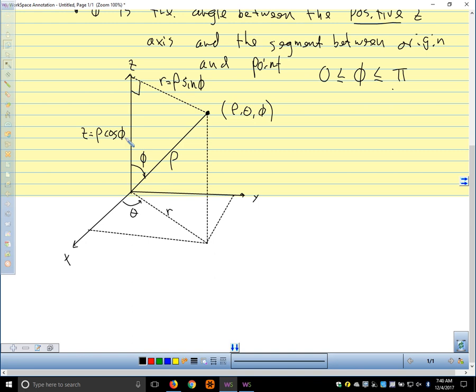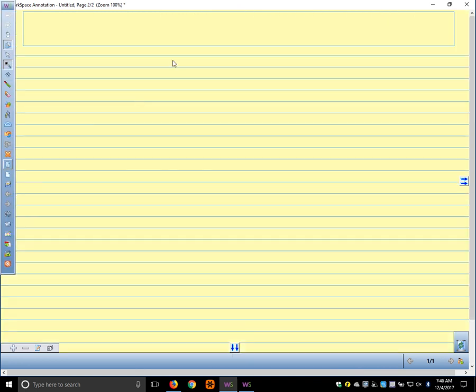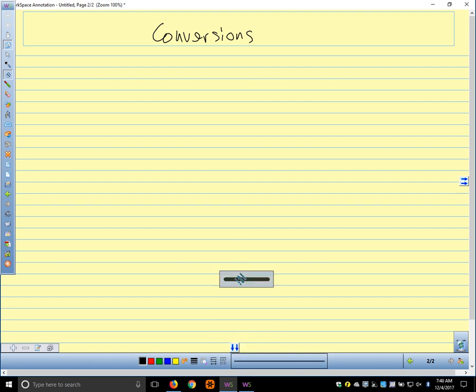All right, so let's look at our conversions. This little right triangle here is the key to our conversions. And spherical coordinates are going to tend to be useful when we have some kind of spherical or circular symmetry about a point.